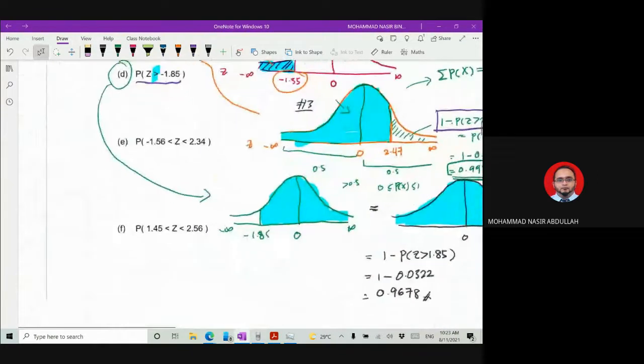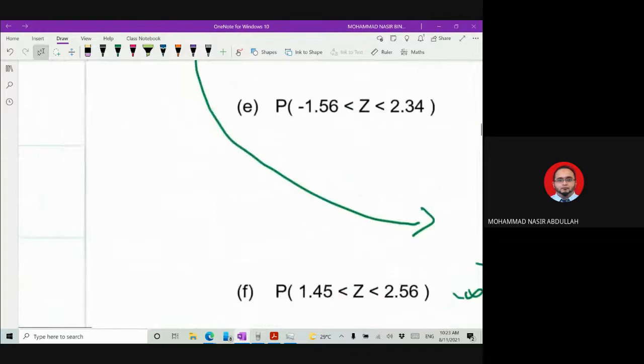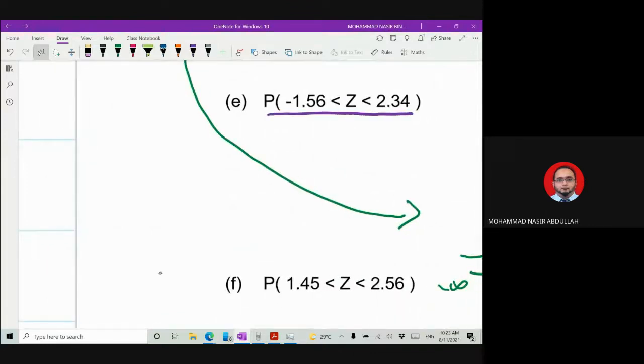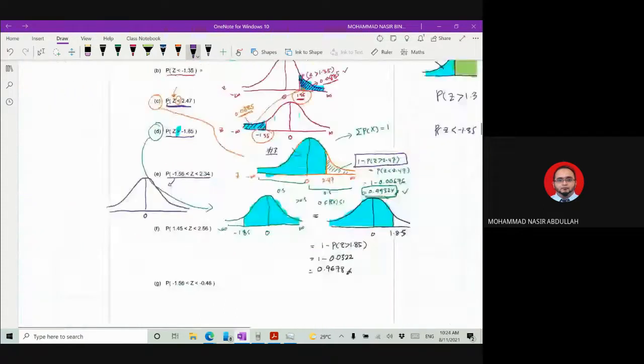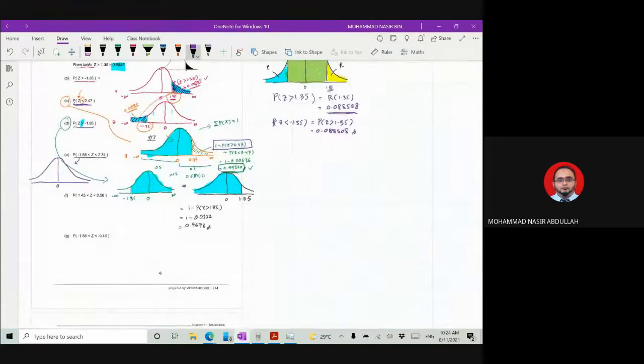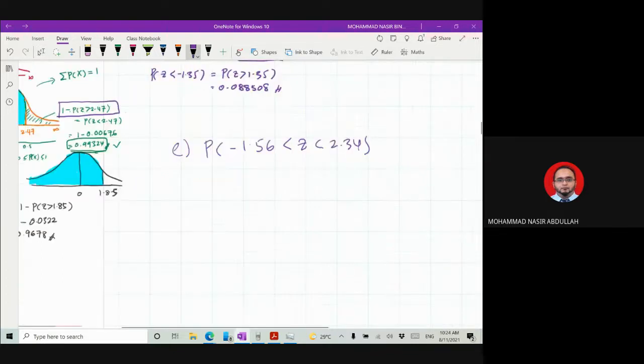So now let's look at this one. Instead of having a single sided, we want to find the area in between. So this is 0. Let's say I write somewhere else. Write here, okay. Probability negative 1.56 less than Z less than 2.34, right?